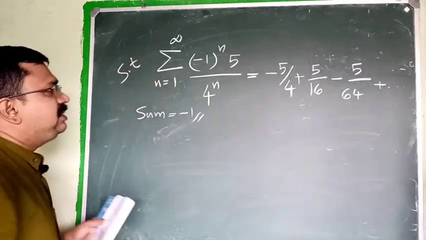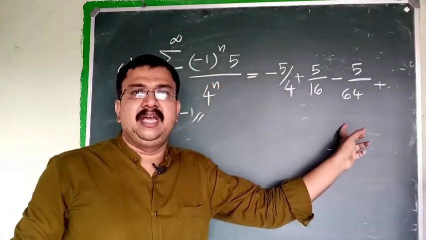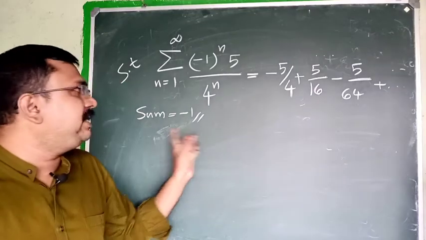Show that this series converges and it has the sum minus 1.